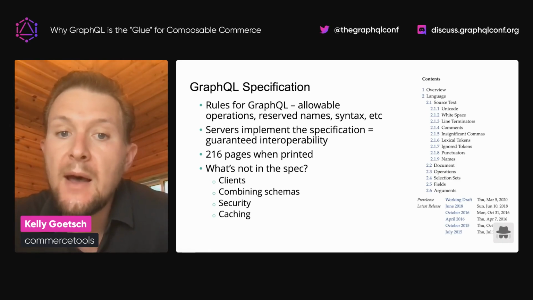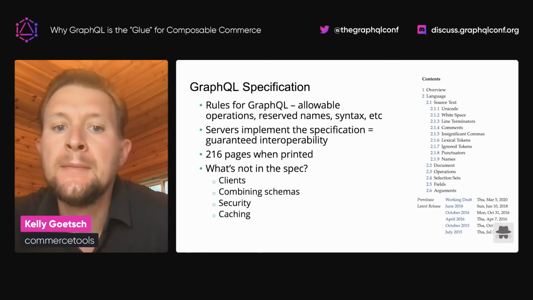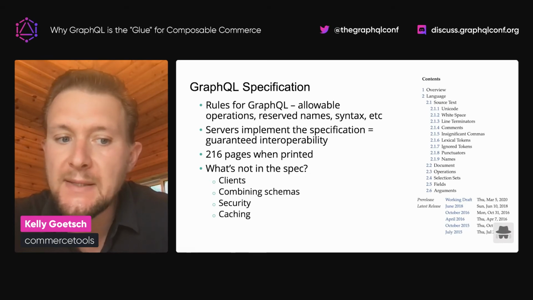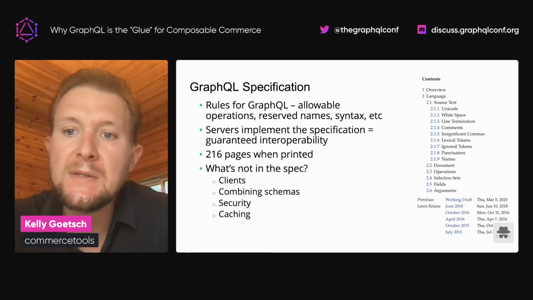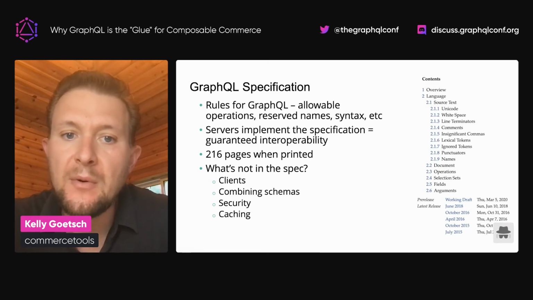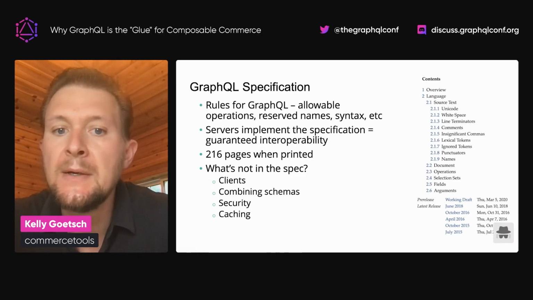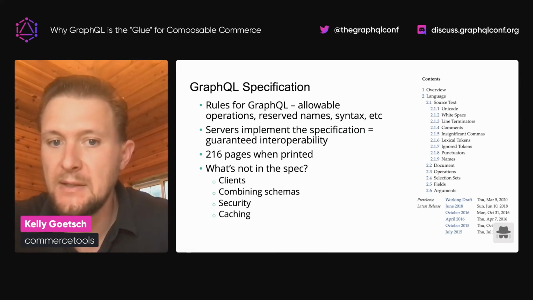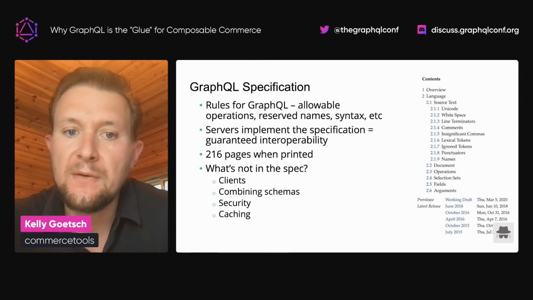There are some things, though, that are not in the specification, and that's deliberate. So things like clients, again, you don't need much for a GraphQL client, but you do need something. There's also the matter of combining schemas. Let's say, for example, you have commerce and you have a CMS GraphQL endpoint. So now you have 2 endpoints. There is the ability to combine those 2 into one, where you just have one schema that you surface to your clients.